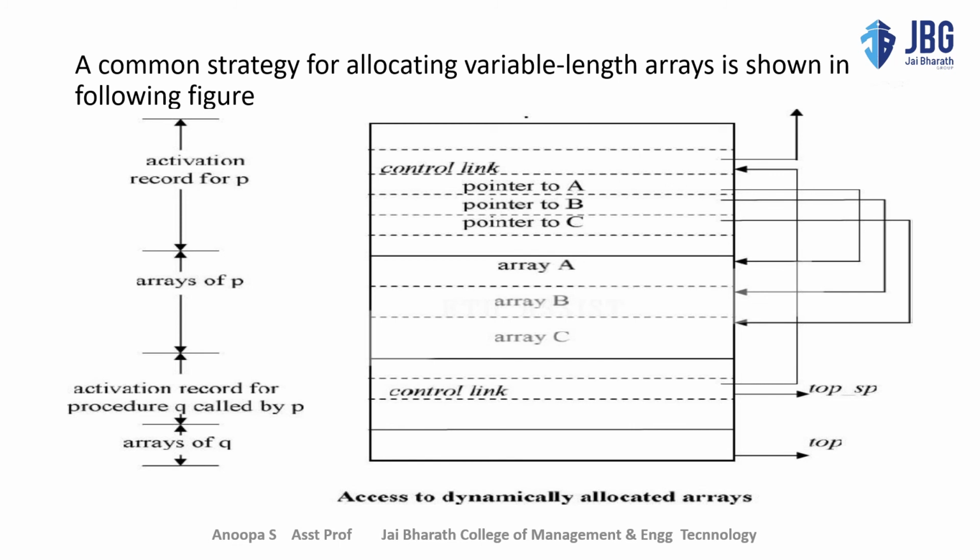So everything is maintained in the stack. This top represents the stack top, and top sp means the current activation record. So this is an example of how we can allocate variable length arrays in a stack.